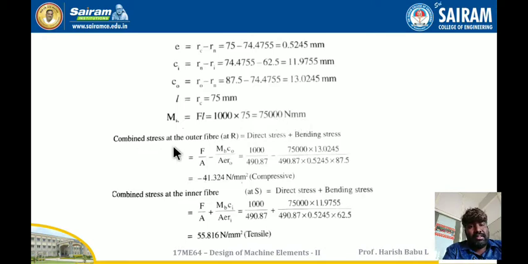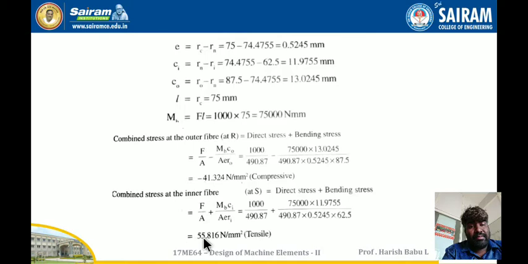So combined stresses of the outer fiber will be compressive. So F by A minus Mb C naught divided by A E R naught. So substituting the values I am going to get minus 41.324 Newton per mm square. And combined stresses of the inner fiber, so I am going to get direct stress, that is F by A plus Mb Ci divided by A E Ri. So plus, I am going to indicate that it is tensile.